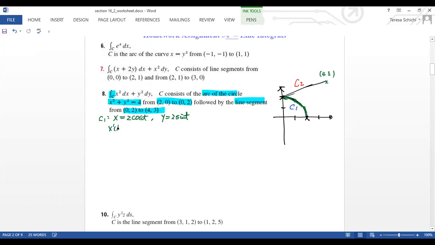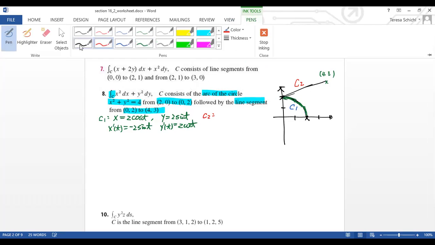Okay, so x prime of t is equal to negative 2 sine t, and y prime of t is equal to 2 cosine t. Okay, good. Now let's take a look at my C2 here. First, let's try to find this line.